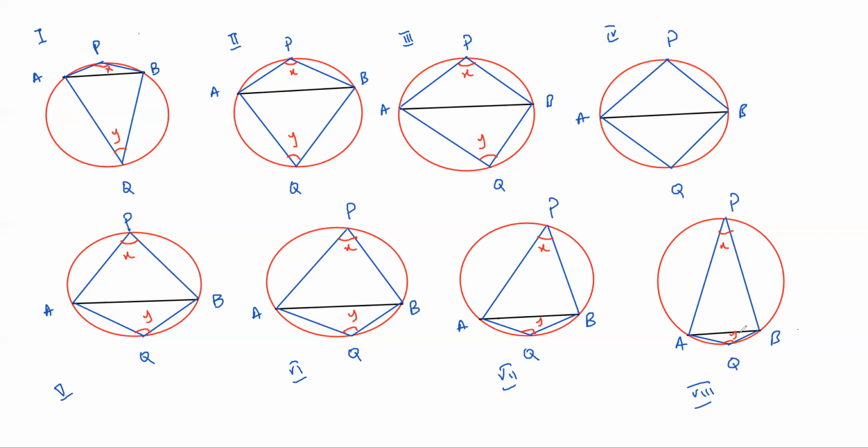But if you look at the last diagram, where the lower segment is a very, very small segment, you see angle Y is very big there. So can we make a rule here that the bigger the segment, the smaller the angle in it, and the smaller the segment, the bigger the angle in it? Yes.